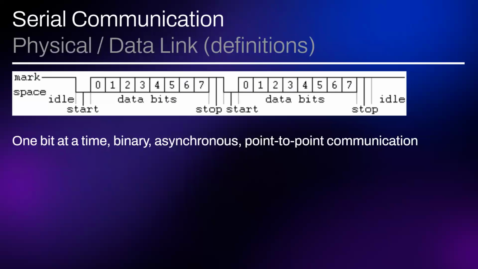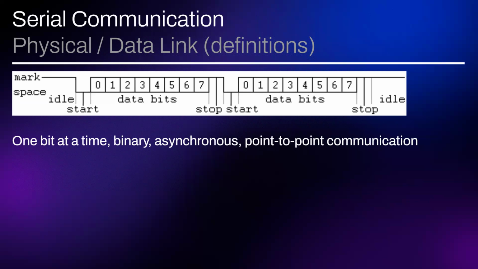So what am I talking about? Serial communication. So it's 1 bit at a time. It's binary, so in the official spec they call it mark or space, which is 1 or 0. It's asynchronous, which means there's no clock signal going across between the 2 devices.